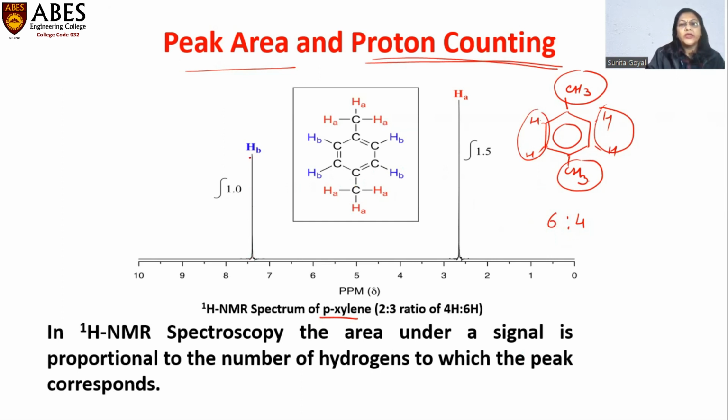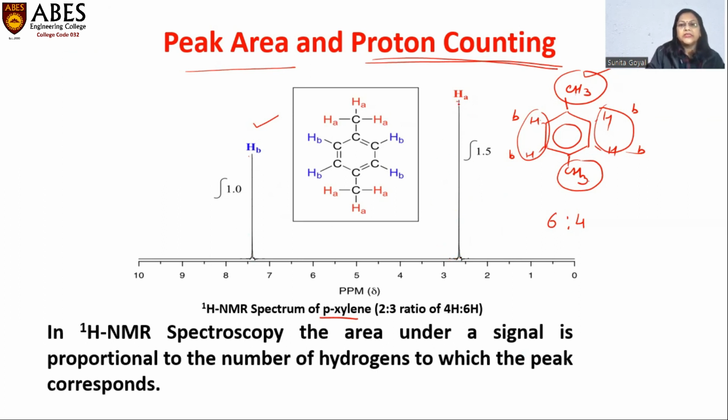There is a signal of Hb. These are the Hb protons, and these are Ha protons. These Ha protons have a lesser delta value, or a lower chemical shift. They are more shielded than these Hb protons. Moreover, by the height or the peak area, we can determine the number of protons of any type.